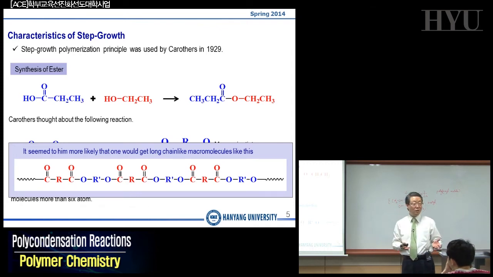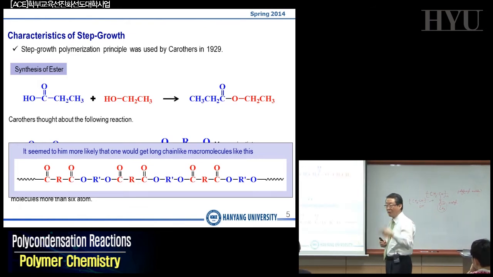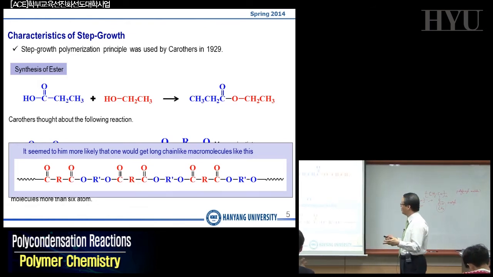So just by changing the monomer from monofunctional to bifunctional, it will be a very viscous solution with high molecular weight components rather than very simple, definite low molecular weight components.